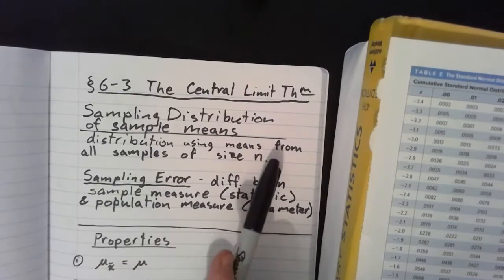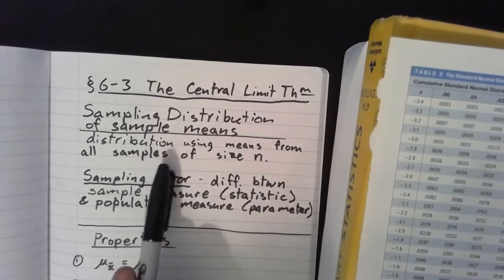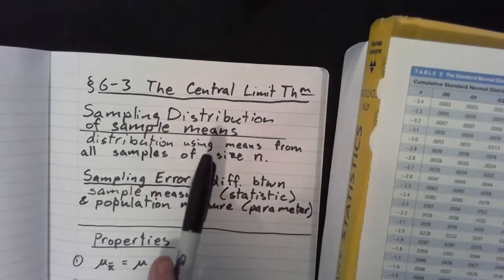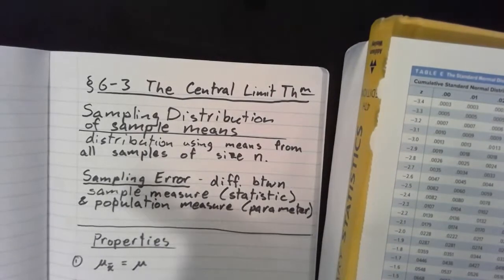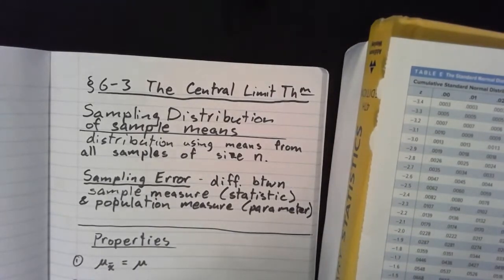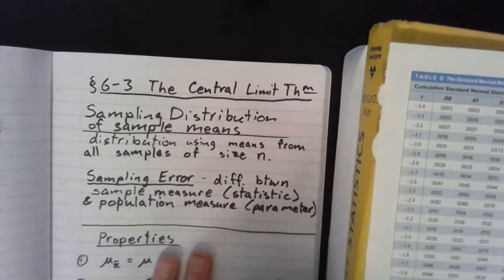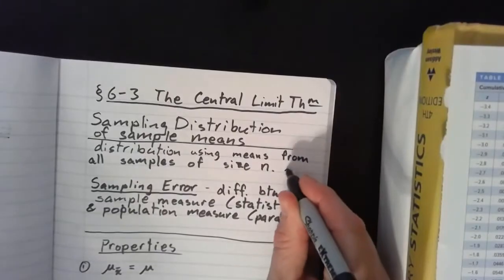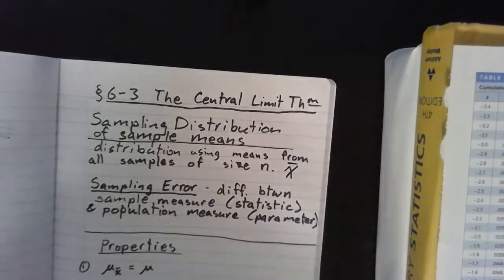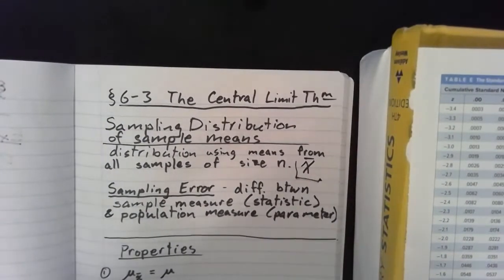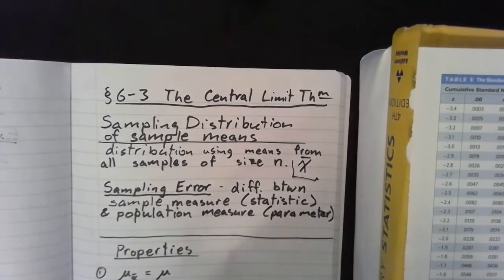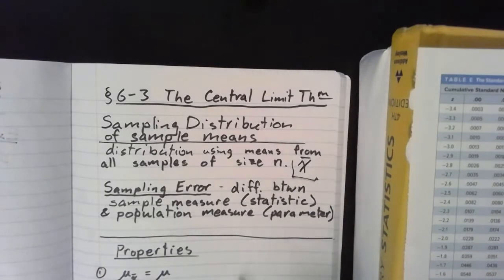So all of the values in this new distribution are actually not data values themselves. They are averages from samples. So all of the things in our distribution are x-bar. Sampling error, what is this? This is one thing we want to pay close attention to.